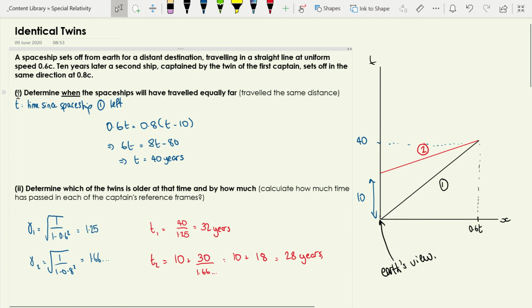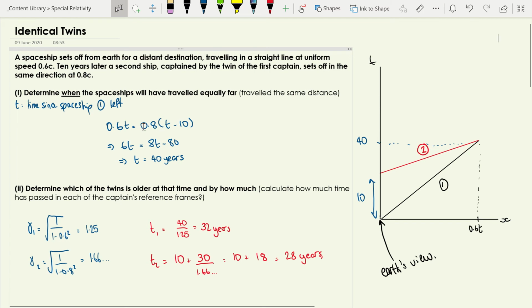So I'm going to use the symbol t to indicate the time since spaceship 1 left. From Earth's perspective, Captain 1 has traveled a distance of 0.6t. We're just using speed equals distance over time here. And Captain 2 has traveled a distance of 0.8. I haven't put the c in here, so this is going to essentially give you a distance in light years or whatever.